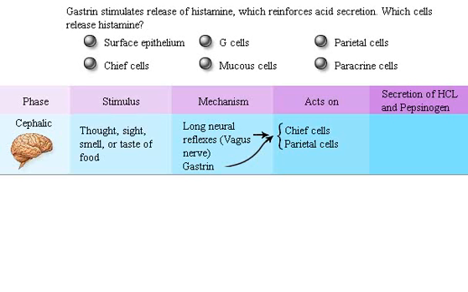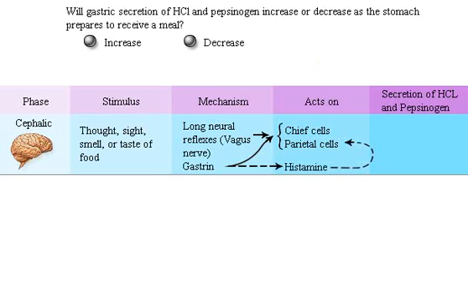Which cells release histamine? What term describes locally acting chemical messengers? Will gastric secretion of hydrochloric acid and pepsinogen increase or decrease as the stomach prepares to receive a meal?